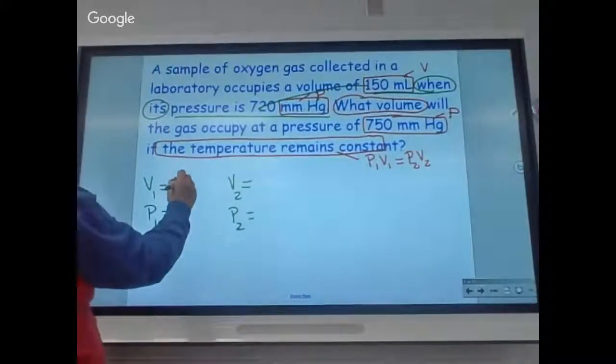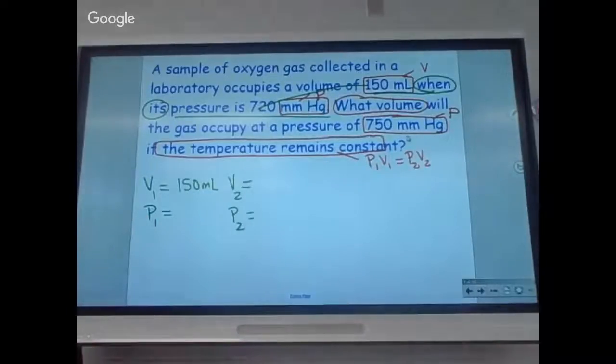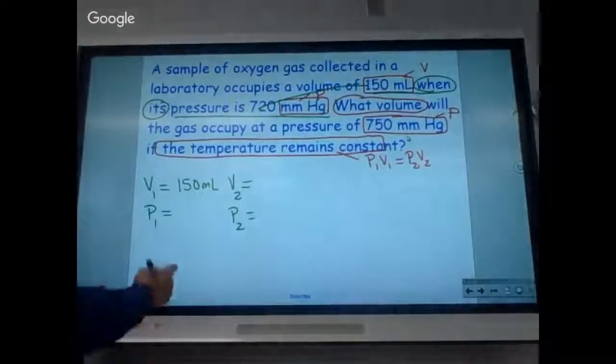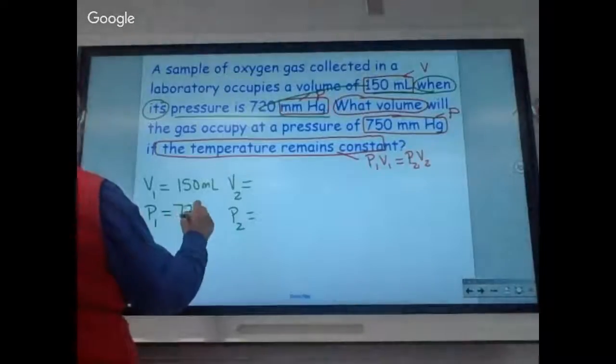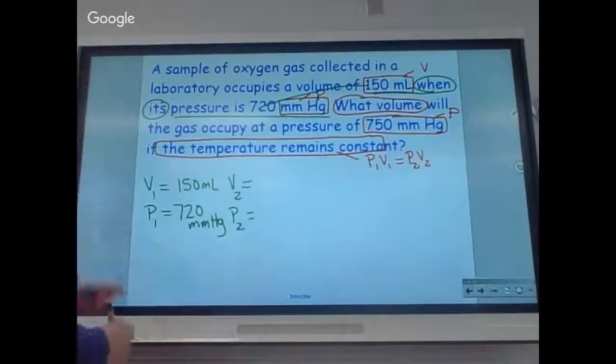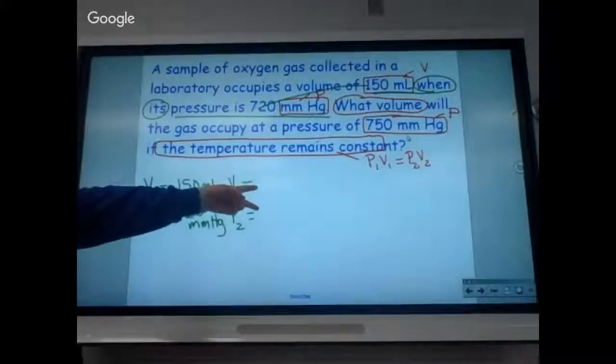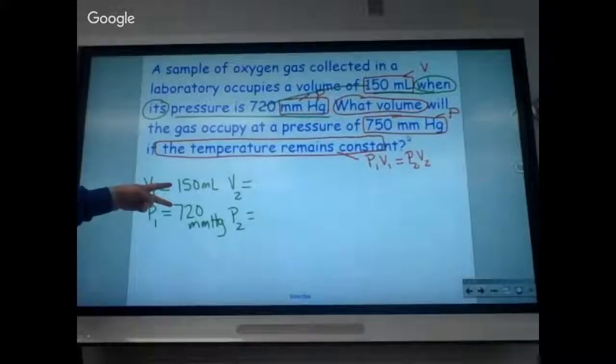So that 150 milliliters, if you make it the first volume, which I would because it's the first volume in the question, has to stay with the 720 mmHg. Now, as long as those two are together, they can just as easily be V2 and P2. But these two are a couple or a pair. They have to stay together.